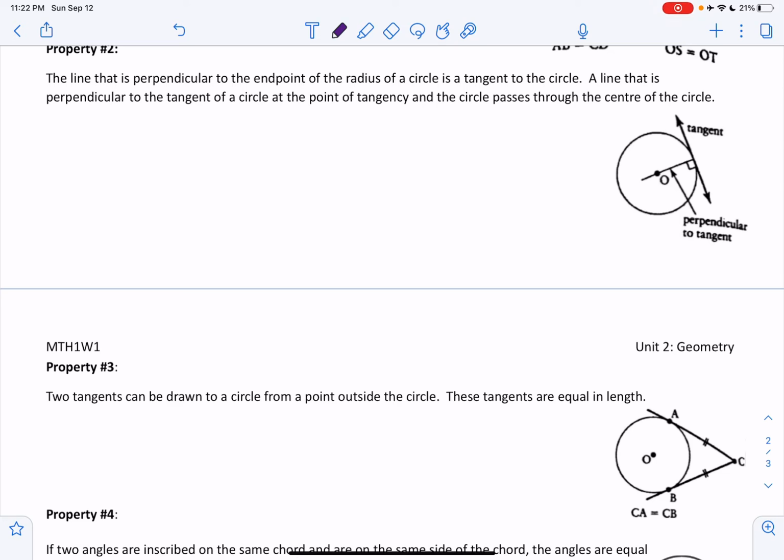So if I have my circle like this, once I find the middle, and I'm going to do my best to make this the middle. There we go. So if I have a line that's perpendicular to a line that's going through the middle, that has to be a tangent.